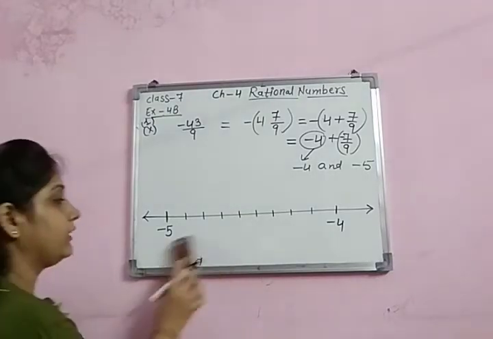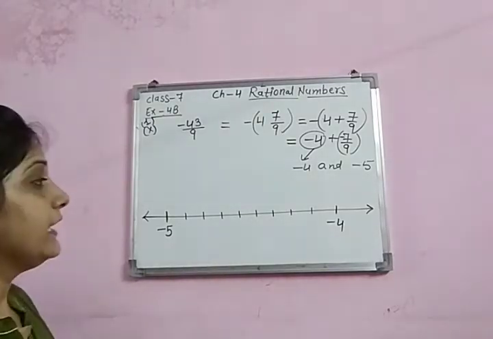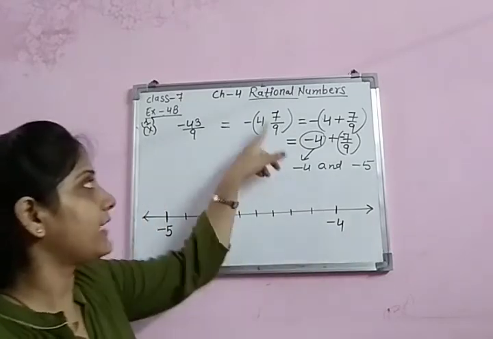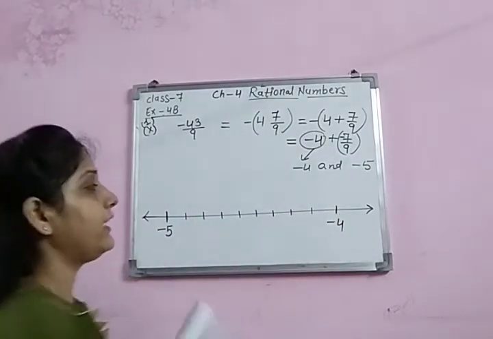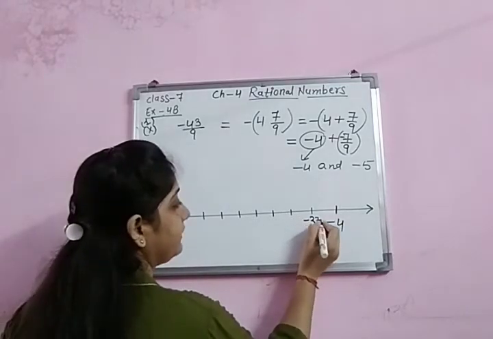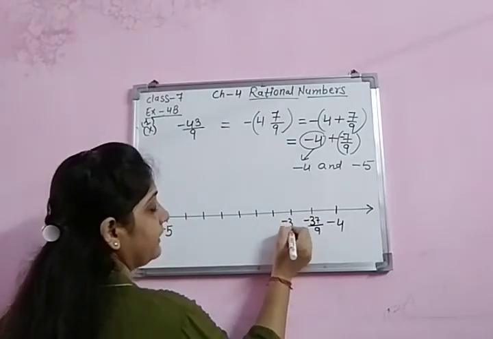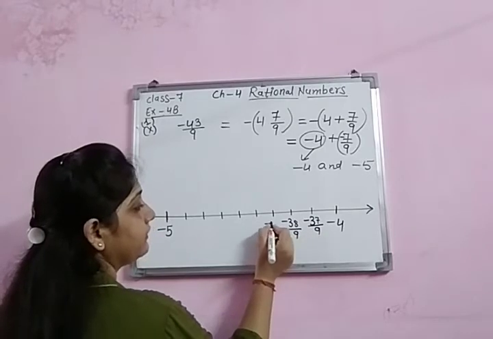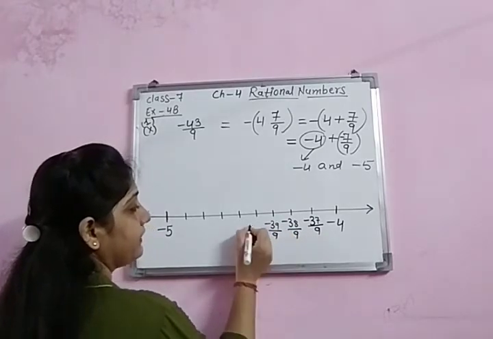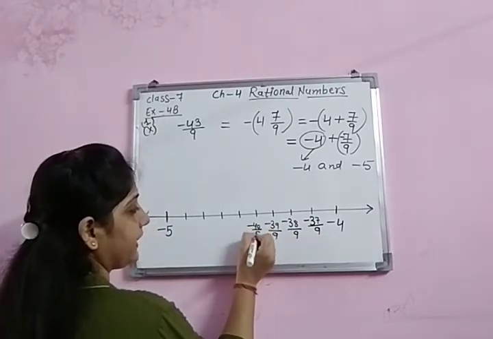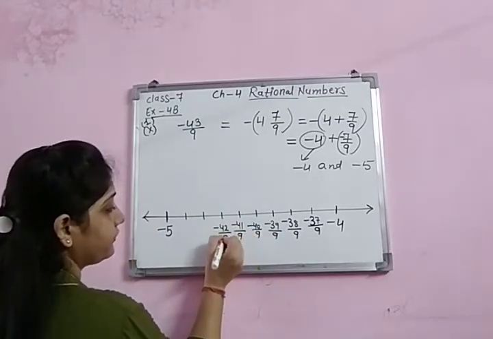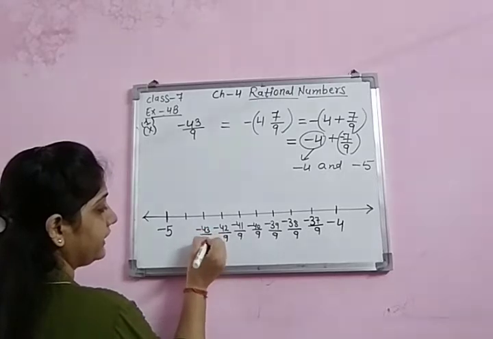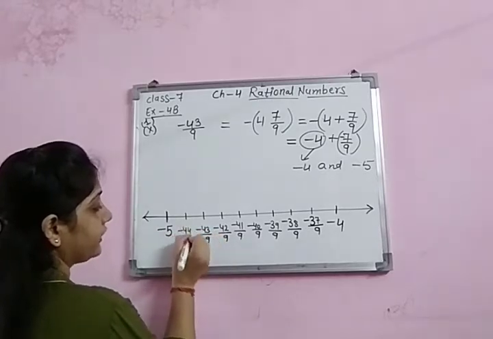Okay. So let's see. 9 fours are 36. We are starting from 9 fours are 36. So if it is 36, then it will be 37 by 9 with negative sign, remember. Negative 38 by 9, negative 39 by 9, negative 40 by 9, negative 41, negative 42, negative 43, and negative 44 by 9.